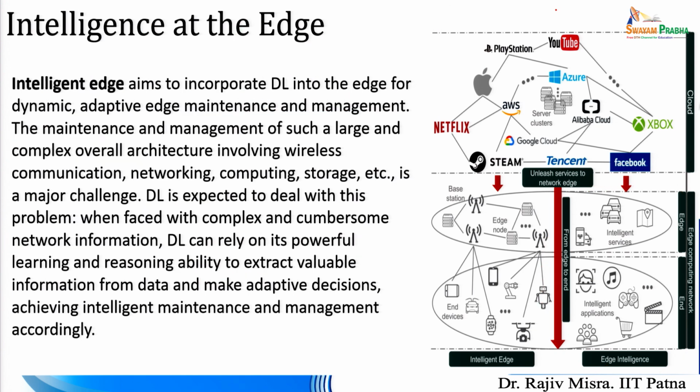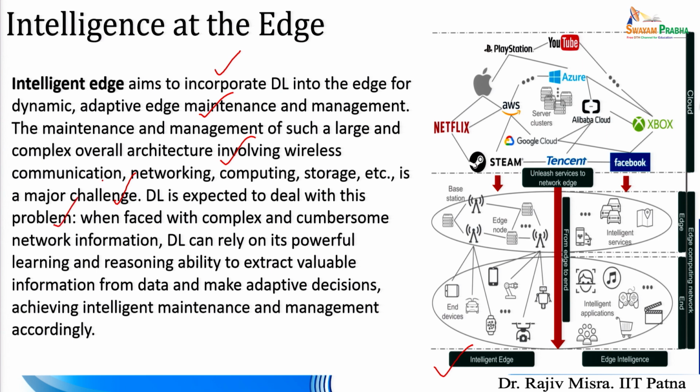Now, the other part is called intelligent edge. Intelligent edge aims to incorporate machine learning into the edge for dynamic, adaptive edge maintenance and management. The maintenance and management of a large and complex overall architecture involving wireless communication, networking, computing, and storage is often a major challenge, and therefore machine learning is expected to deal with this particular problem.